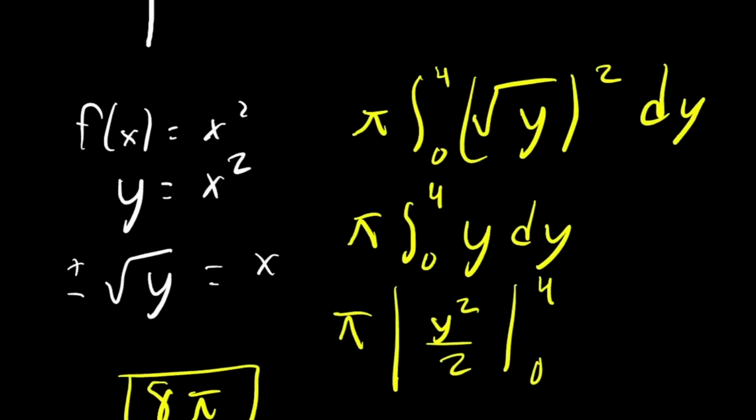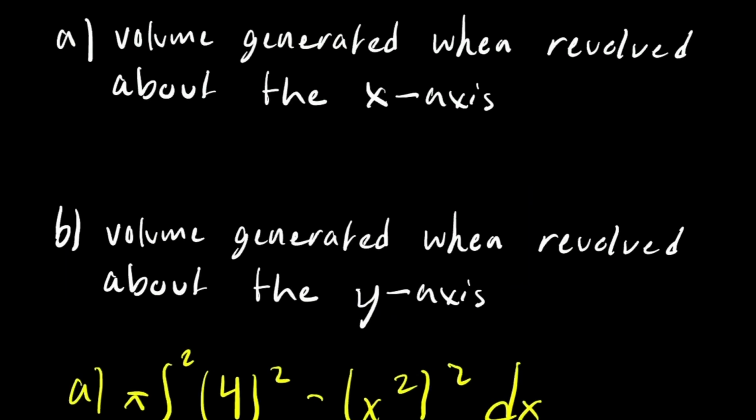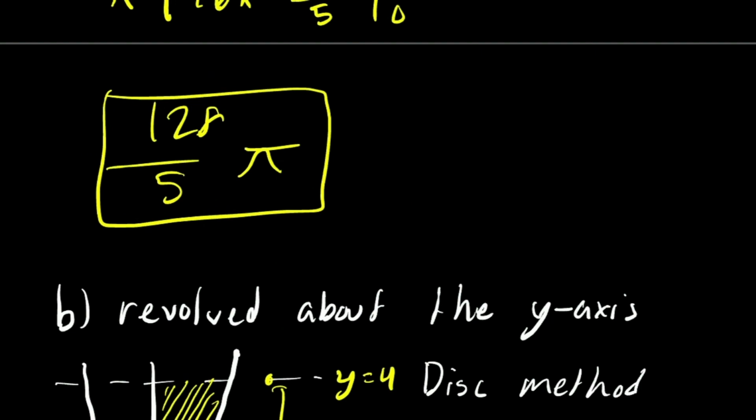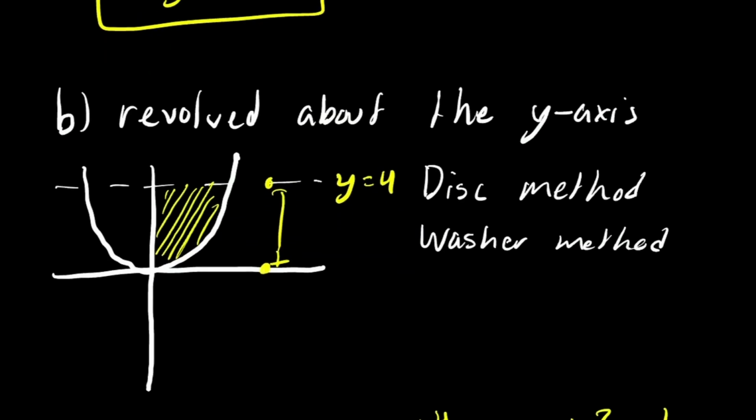And notice that's not the same answer that you get when rotating it about the x-axis. We got 128 pi over 5. And that's because it's an entirely different shape. We're revolving it about a different axis, so you're not necessarily going to get the same volume.